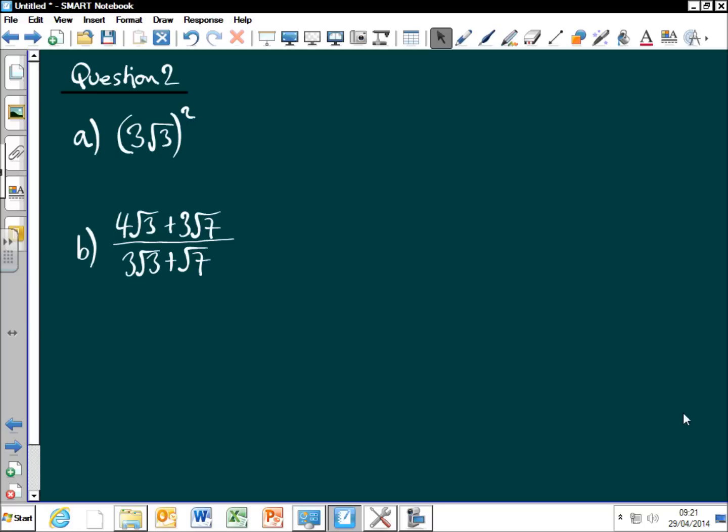For question 2, I've just got to manipulate these surds. So the first one, we've got to square what's in the brackets. So when I square what's in the brackets, I get 3 squared, and I get root 3 squared. So this is going to go to 9 times 3, which is 27.